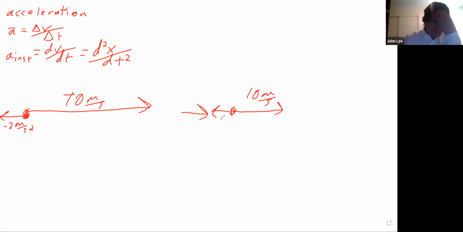So it's going to be a smaller velocity than you had before.